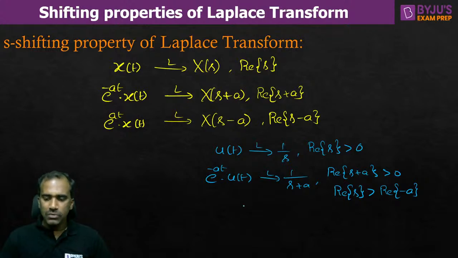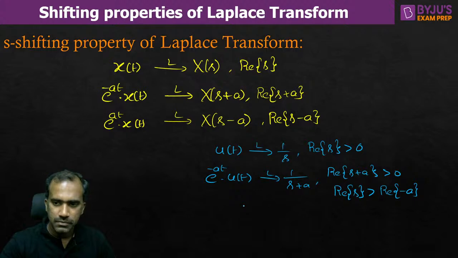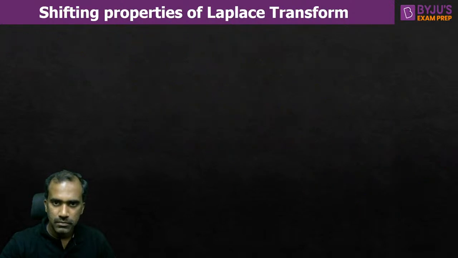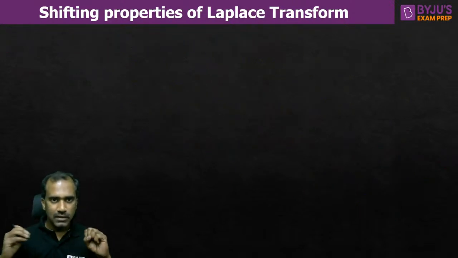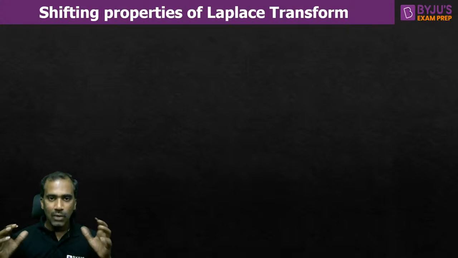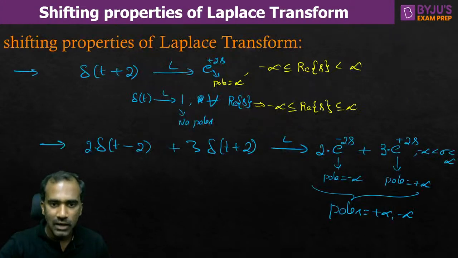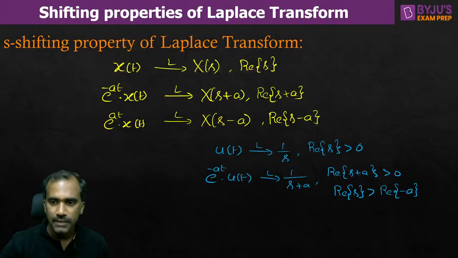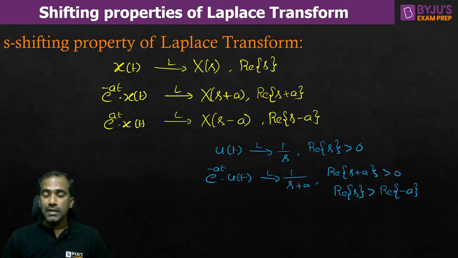Now we can do some tricky questions also. Having done with the properties, we have to discuss how the ROC changes in the S shifting property. Will the ROC change here?